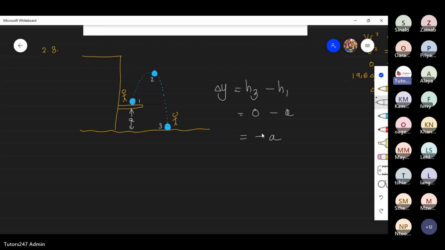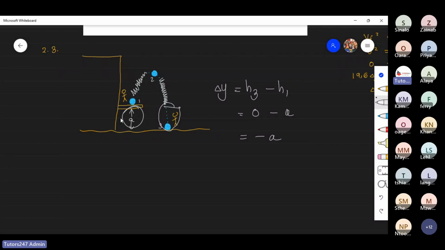Why? Because this part cancels out this part, because they are equal vectors in opposite directions. They have the same magnitude, but they have different directions. One is positive, one is negative of the same value. So they cancel out, and your resultant or your leftover is this part here, which is the height above the balcony.